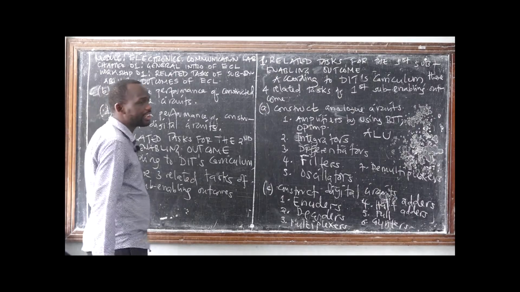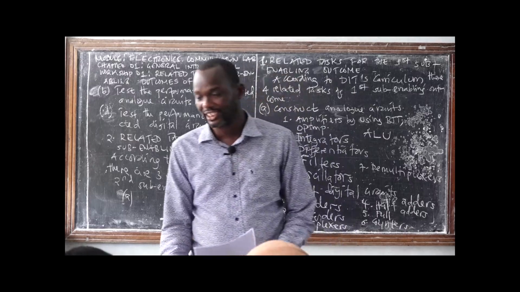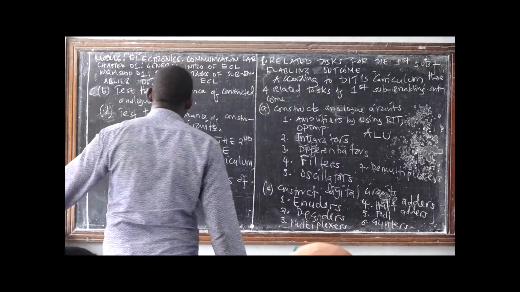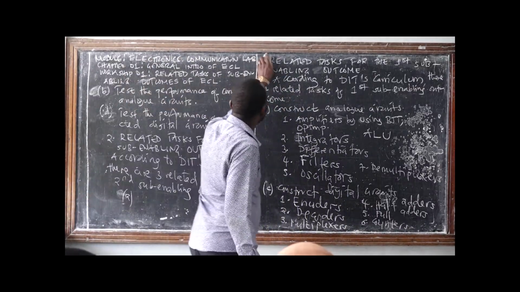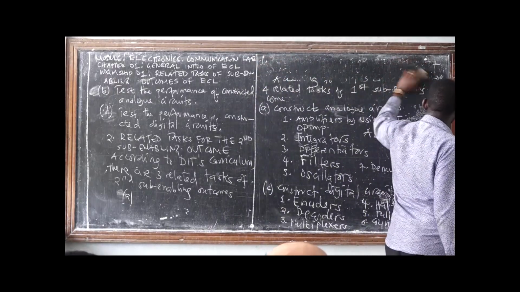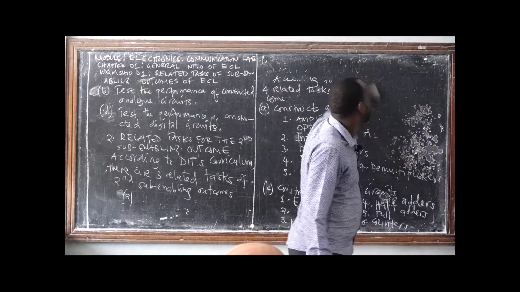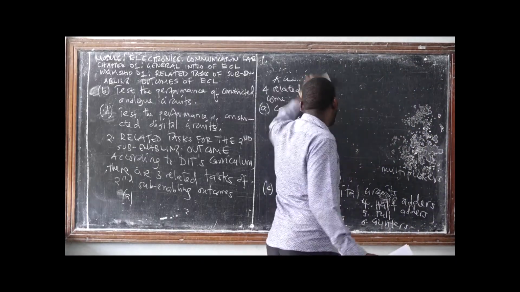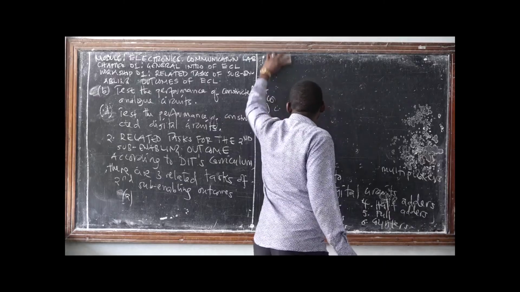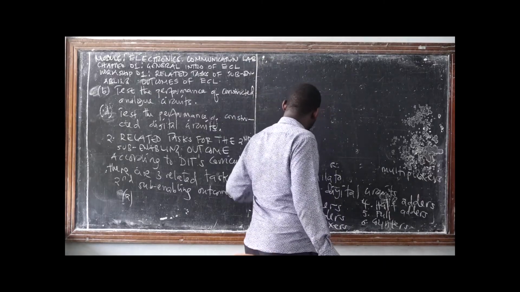Stop writing. Let us read the second sub-enabling outcome in order to learn its related task. 1, 2, 3. Let us go. Is that the voice of Simba or Yanga? Simba.